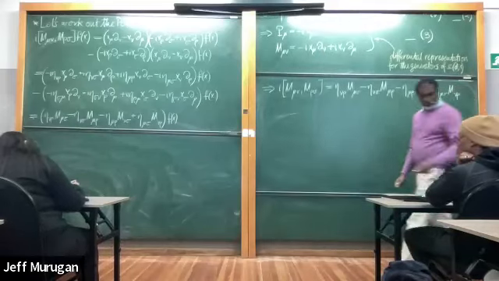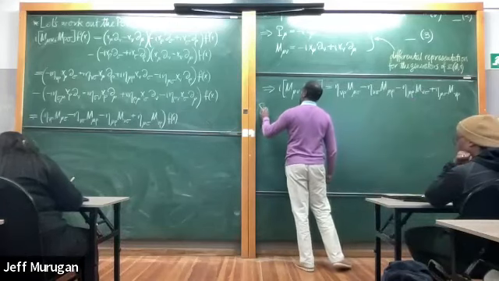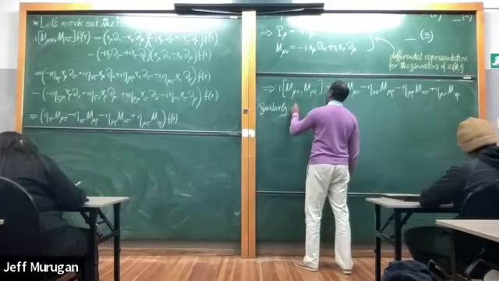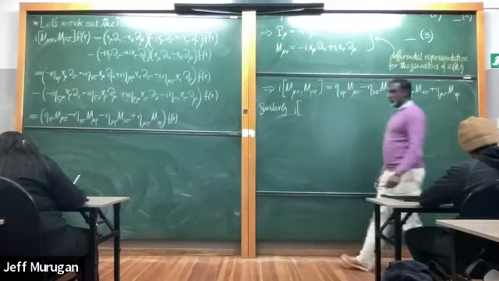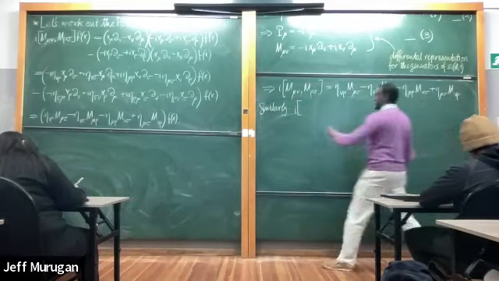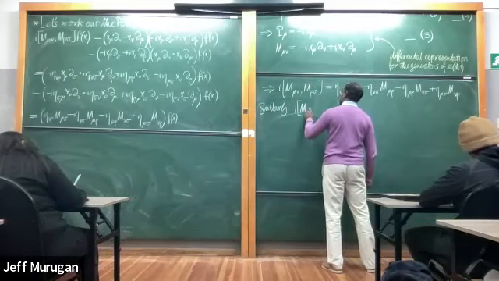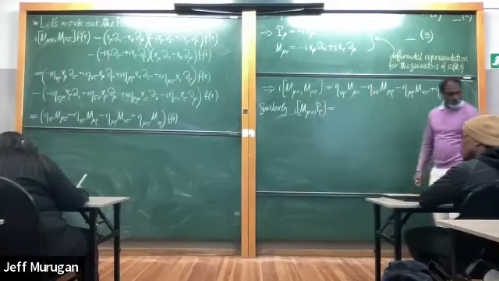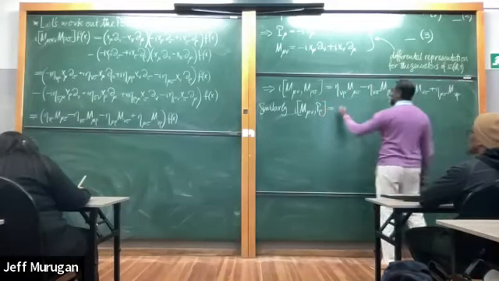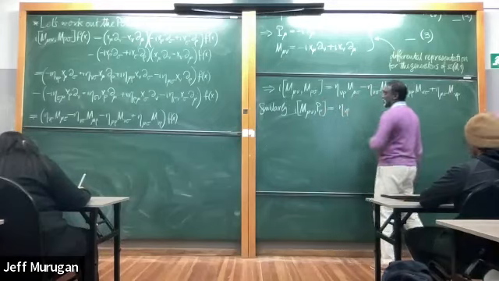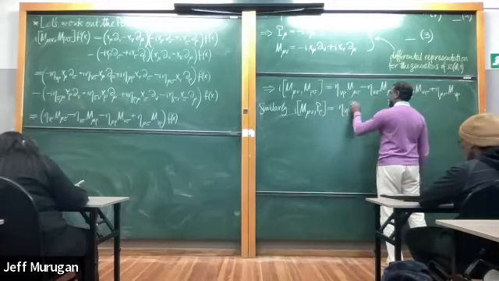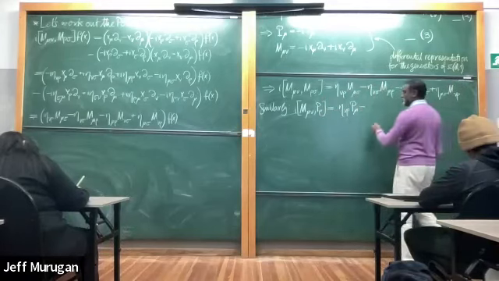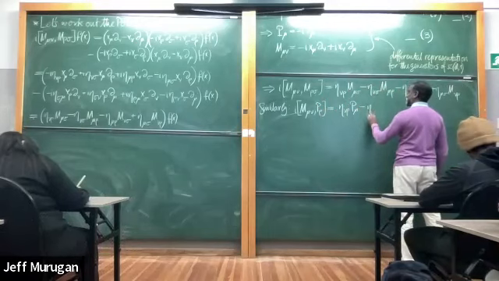Similarly, you can calculate the commutator of M mu nu with P rho, which is eta nu rho P mu minus eta mu rho P nu.